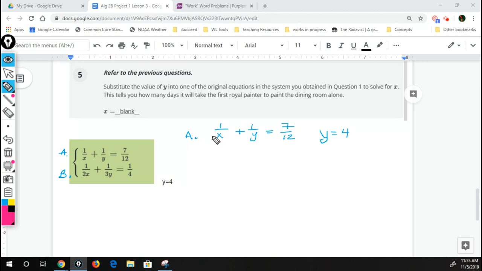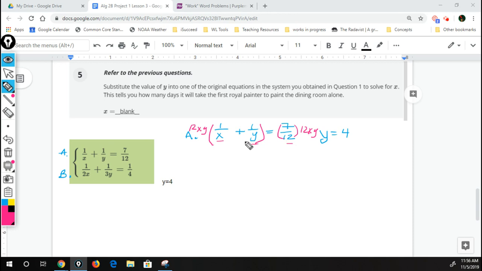I'm going to multiply everything by the common denominator. Now I'm looking for a common denominator between x, y, and 12. That becomes pretty obvious. The common denominator would be 12xy, right? All 3 of them.